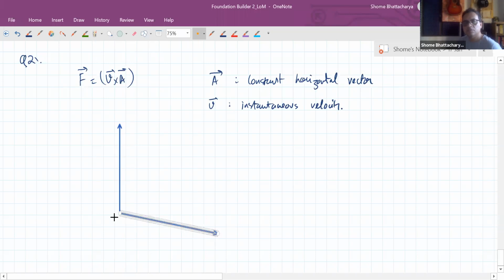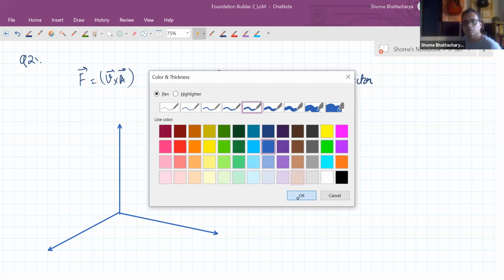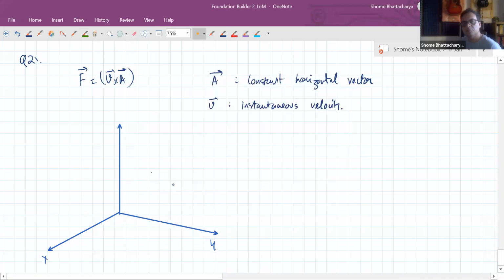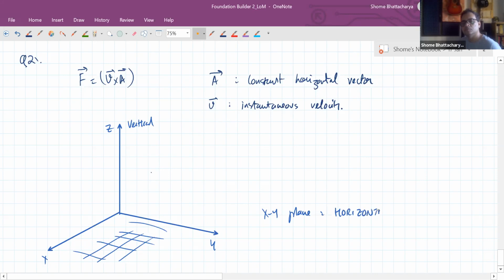So let's say we have a system like this where my XY plane is this one, the floor space. This is my XY plane, and this is the Z axis, which is vertical.